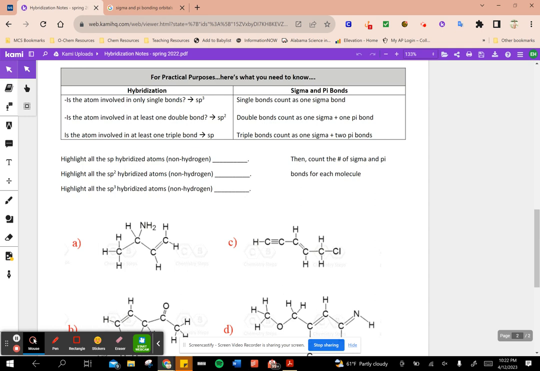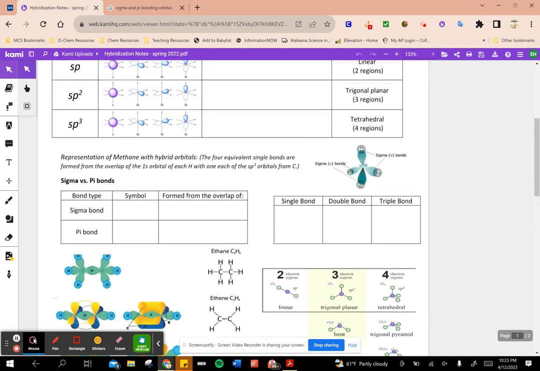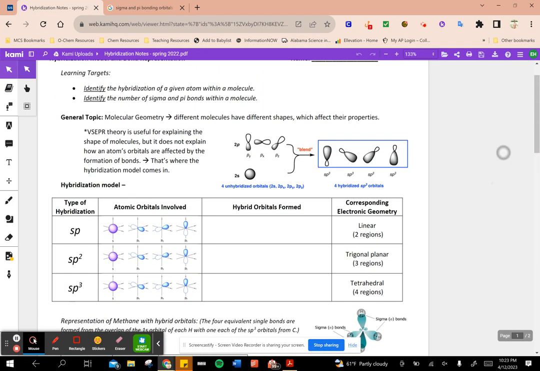A lot of this is helping to take off some of that shock factor, so that if you do see organic again in your future, you're not completely thrown off by it, because you've heard some of these terms and practiced some of these things before. But the back page is what I want you to be able to do and take away from it. This first page is just a little more of the background, a little more of the conceptual.